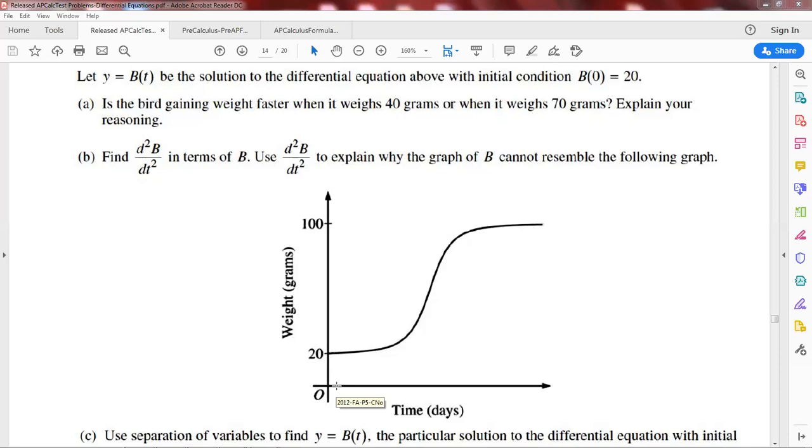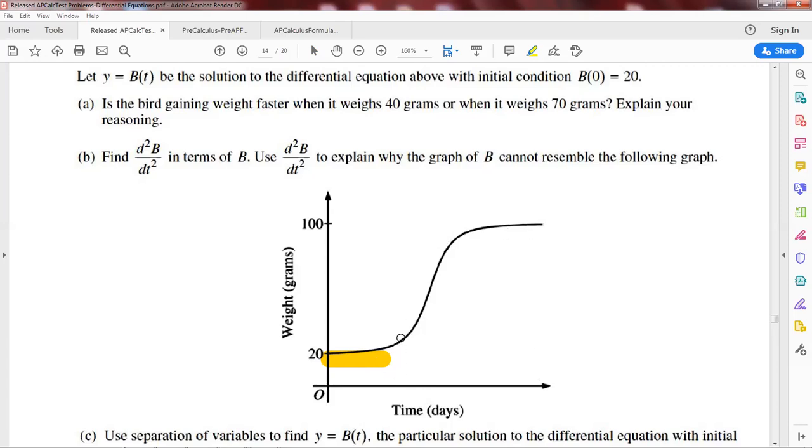Now, remember what I said here. Okay, again, I'm going to repeat. In this portion of the graph, you see the bird practically doesn't gain any weight. I don't know how many days these are, correct? But assuming that this is the 100, suppose these are 30 days, 1 month.